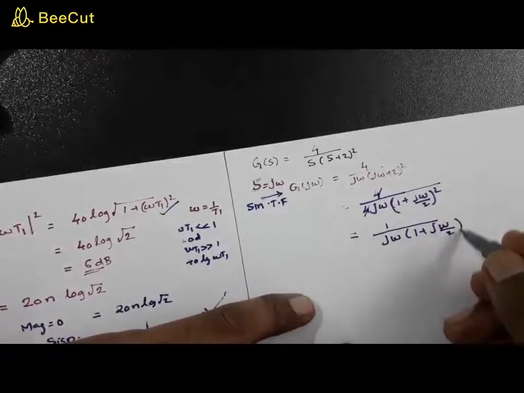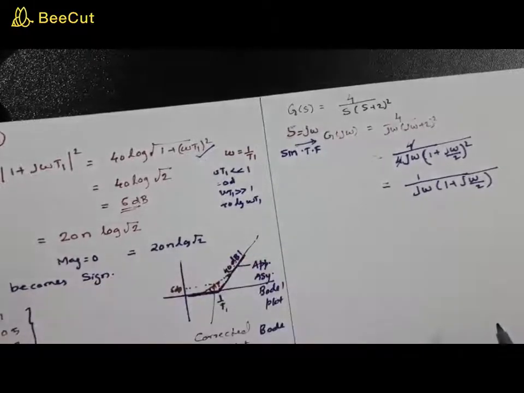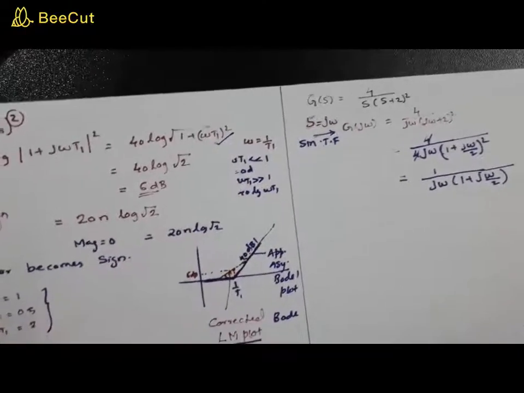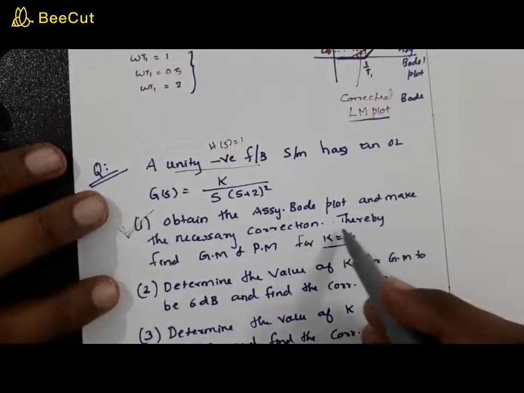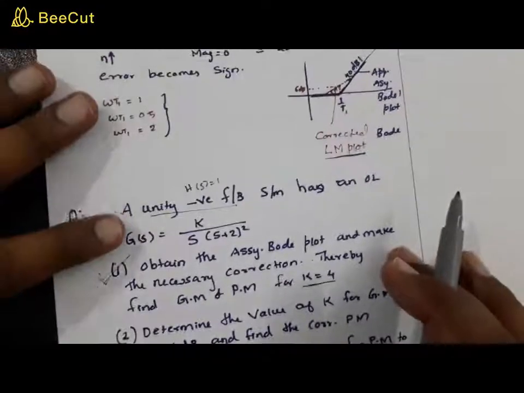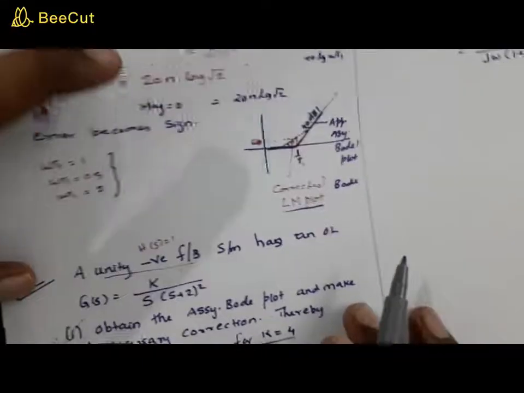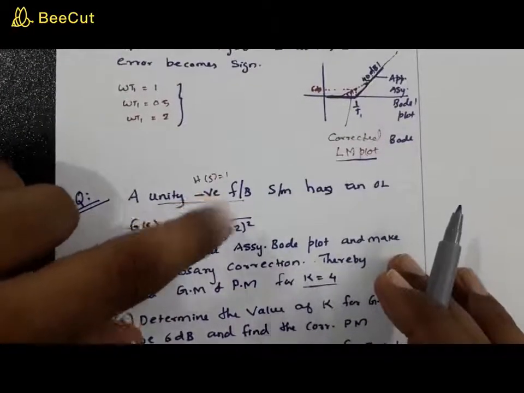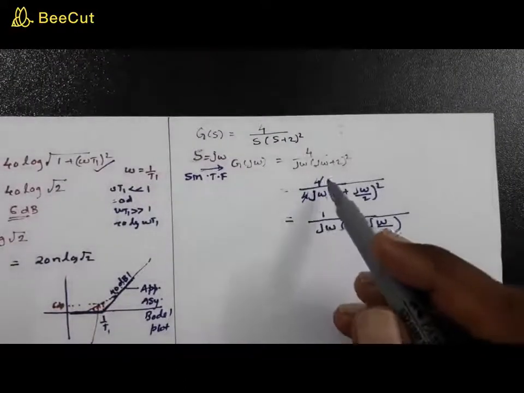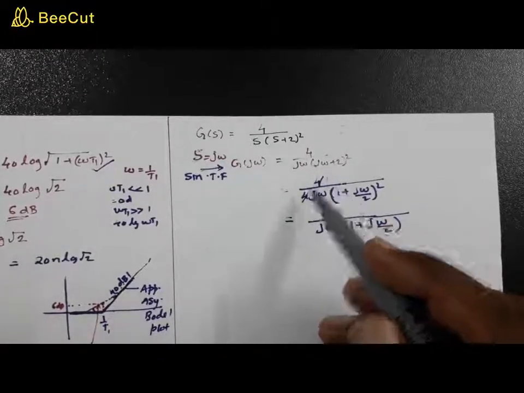Now what are the various factors that you can see? It is a very important thing: in the question, k is equal to 4, so you always have a tendency to take k equals 4. But the first thing we require for plotting the Bode plot is to convert it into Bode form. Once we convert into Bode form, sometimes the constant may get cancelled, as in this problem.